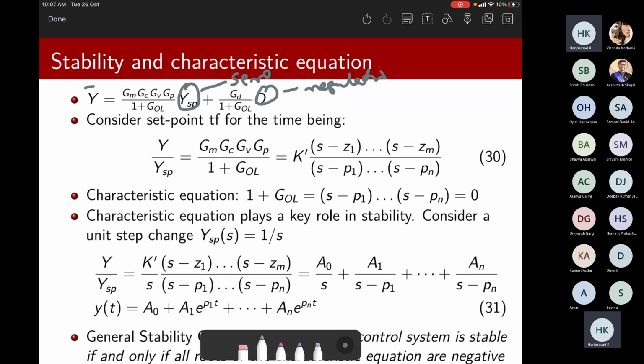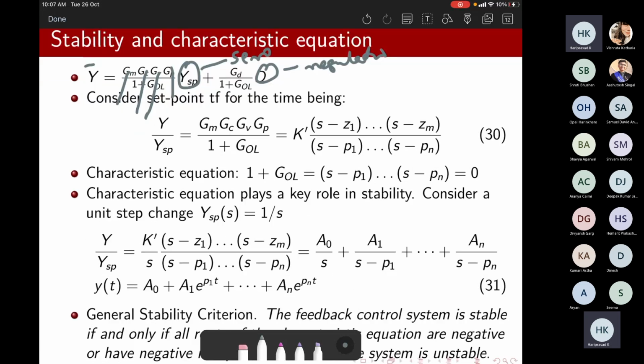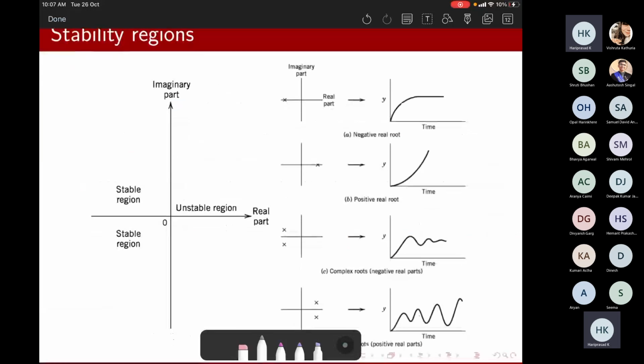Once we have added measurements, controller, valve, process, maybe I2P, everything, you will have to look at whether these add-ons are making things good or worse. The only way to check that is by looking at stability.